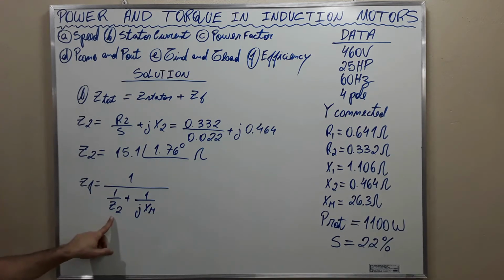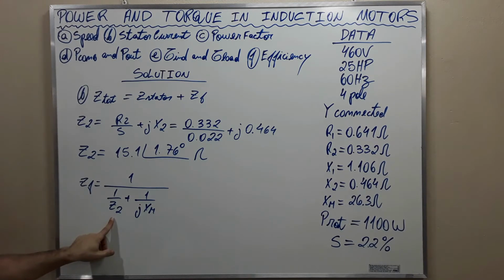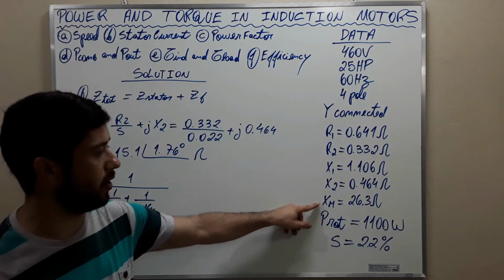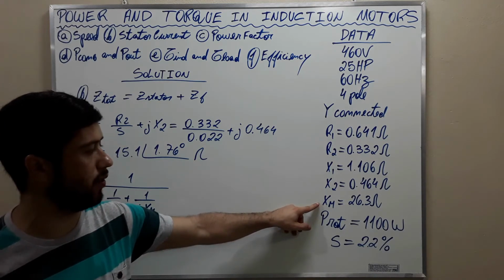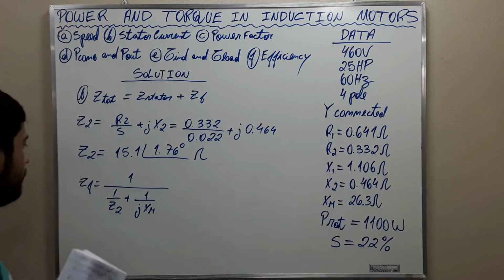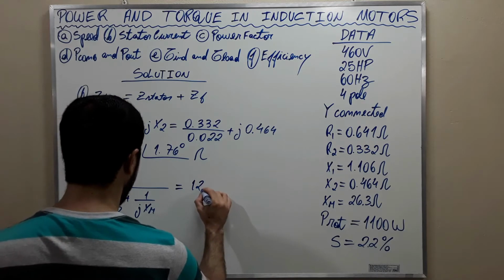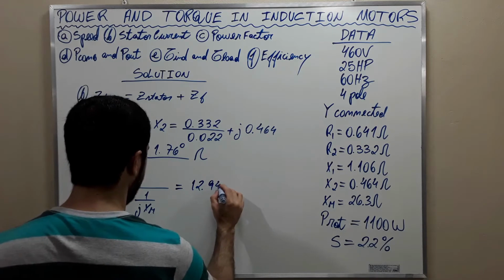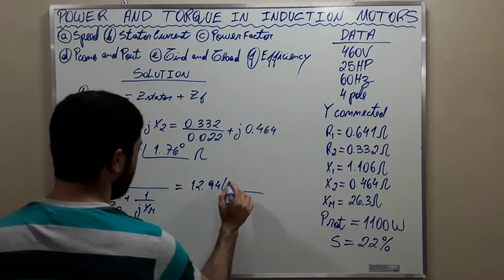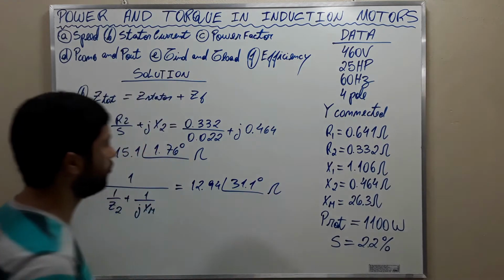And if we put the value of Z2 that we just calculated here, and if we use the value of the magnetization reactance here, we find the value of ZF equal to 12.94 in the phase 31.1 degrees ohms.